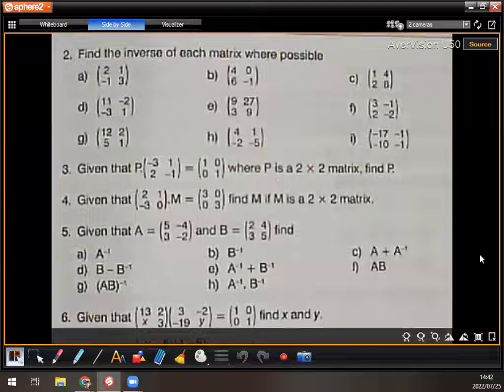What do you think would cause a matrix to not have a valid inverse when you're doing the whole process of 1 over the determinant and then swap? Yes, well done. The determinant is 0, right? Because what are you putting in front of that matrix? 1 over the determinant. And you can't do 1 over 0. So whenever your determinant is equal to 0, you don't have an inverse. Okay, get going.